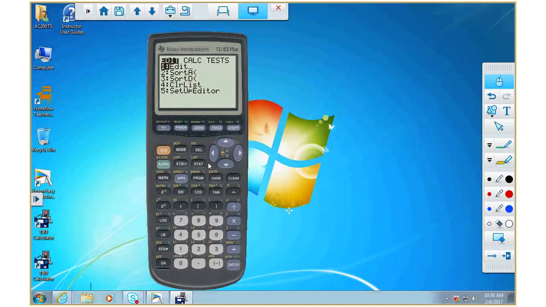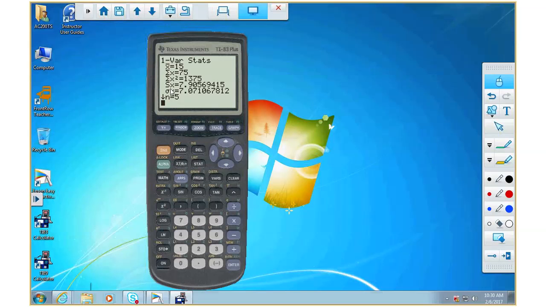Stat, go to calculate, and then you can do linear regression if you want to find the line, or you can just do first variable statistic. Enter. And second L1, or second 1, and enter. X bar is 15.